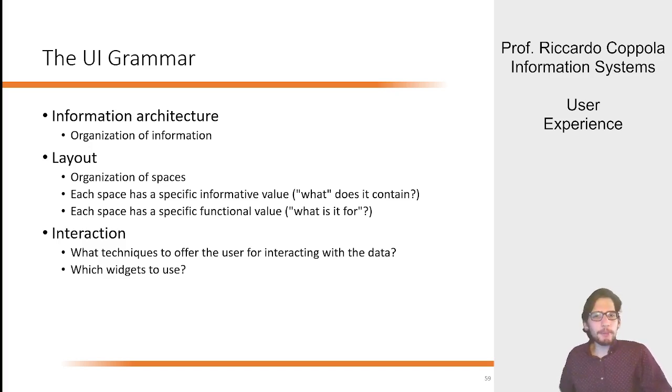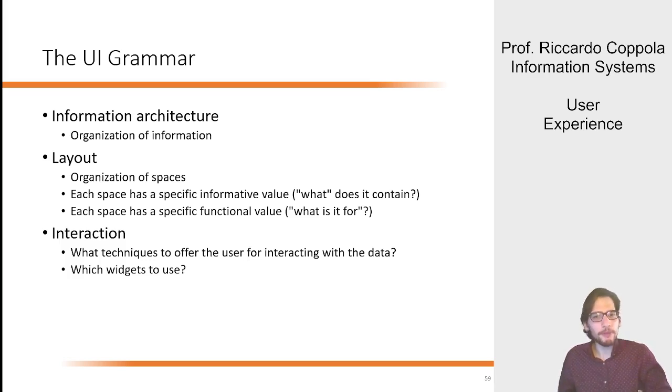Then I have to think about layouts. The layouts tell me how the spaces are organized. So I have a big screen, and the layouts tell me how the individual elements are positioned inside the screen. So layout design will tell me what is the content of each portion of the screen and what is the feature of each portion of the screen.